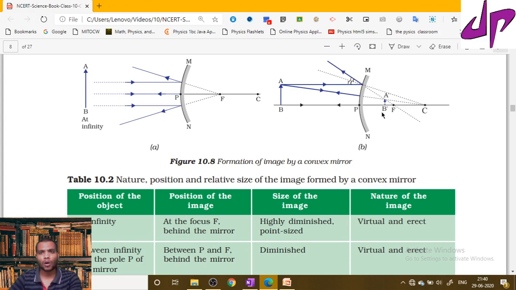This image is also diminished, meaning small in size, and the nature of the image is virtual and erect. So these are the two cases for convex mirror image formation. Please practice these two ray diagrams along with the image characteristics carefully.